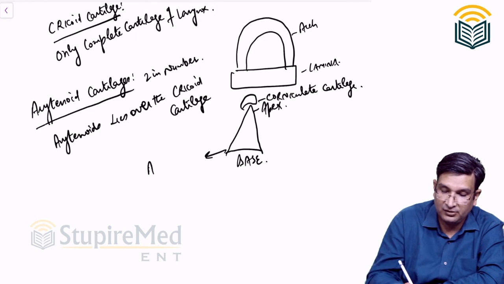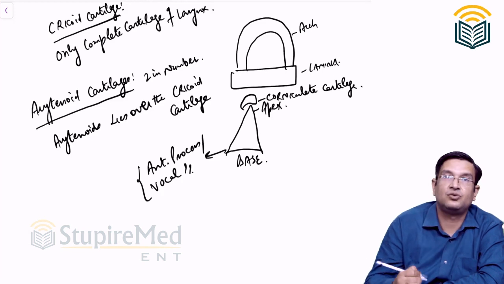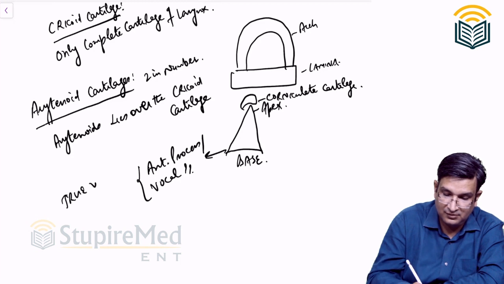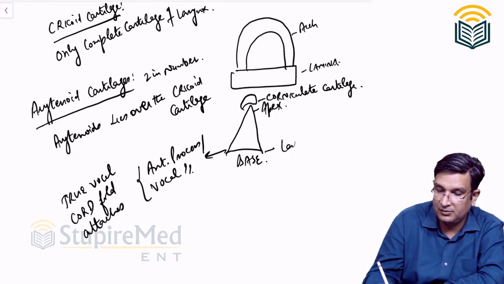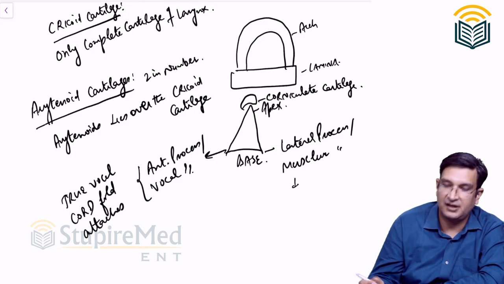One is the anterior process, also called the vocal process, because the true vocal fold is attached over here. And next is the lateral process, also called the muscular process, because intrinsic muscles of the larynx are attached here.